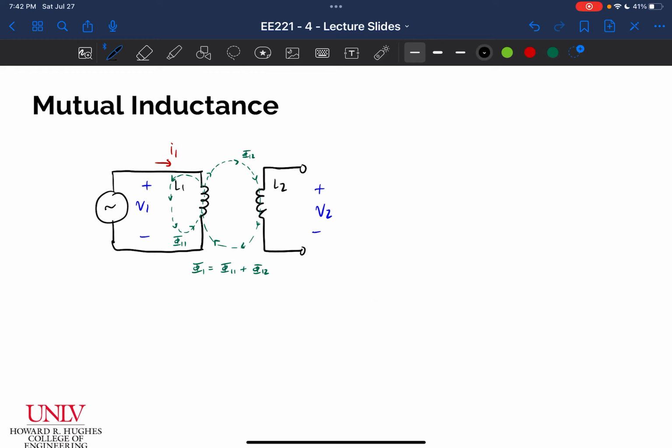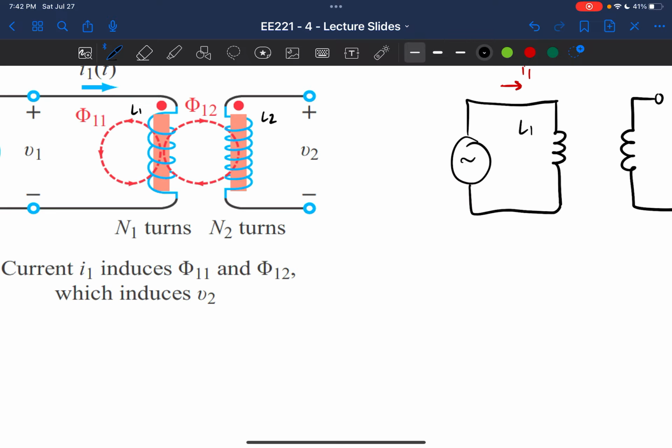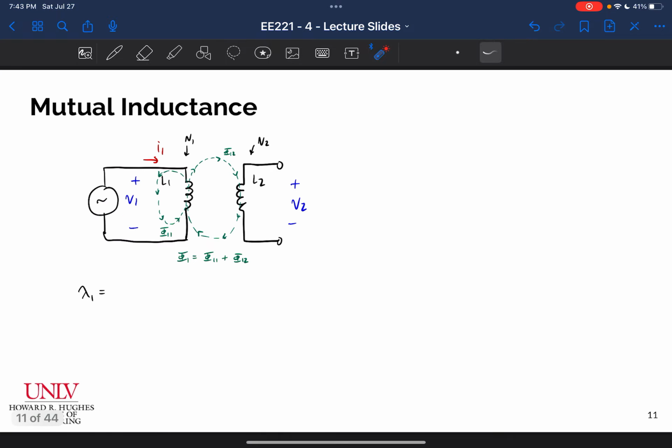We can define something called the magnetic flux linkage, using the Greek letter lambda. Let's say this coil has N1 turns and this one has N2 turns. That's given in the figure too. It's not essential that they have different numbers of turns, but the N is part of the derivation.